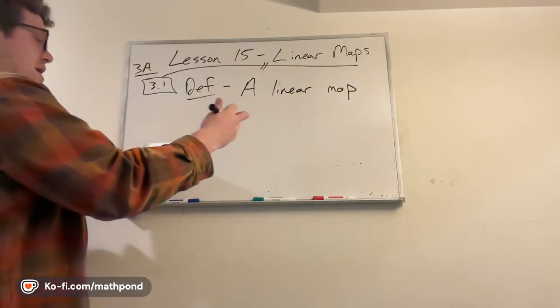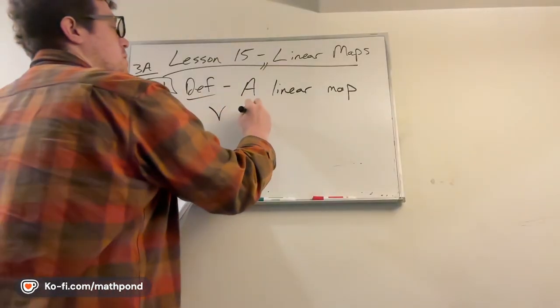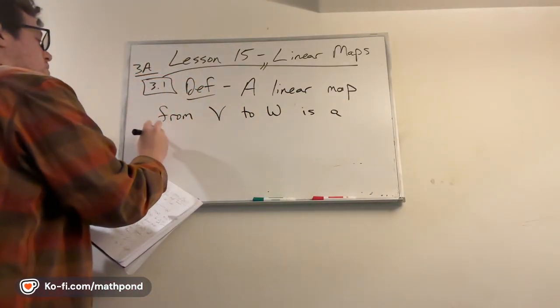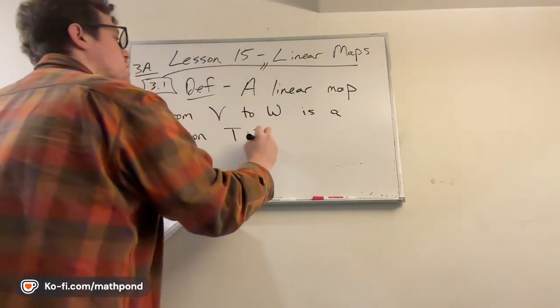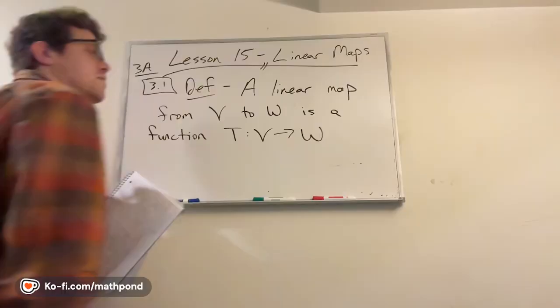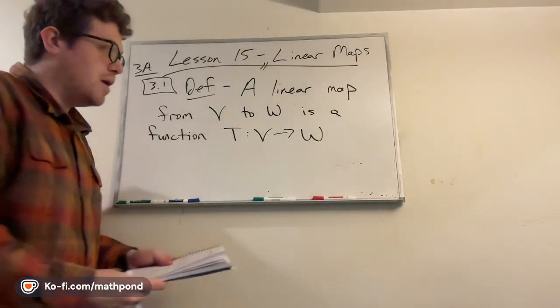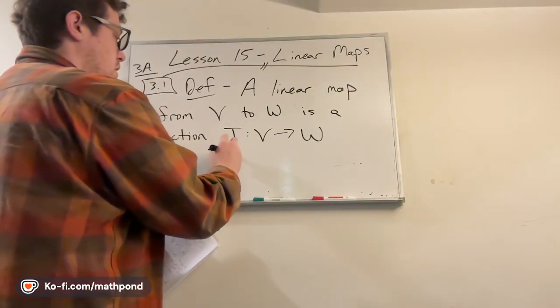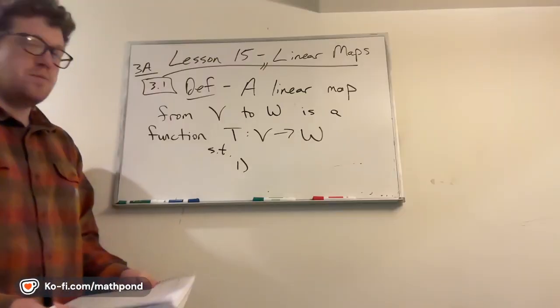So a linear map from V to W is a function from V to W. And then this function has extra properties. Mainly those two operations need to be preserved.